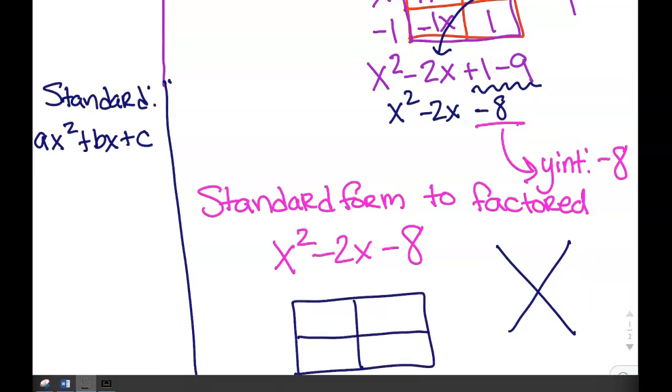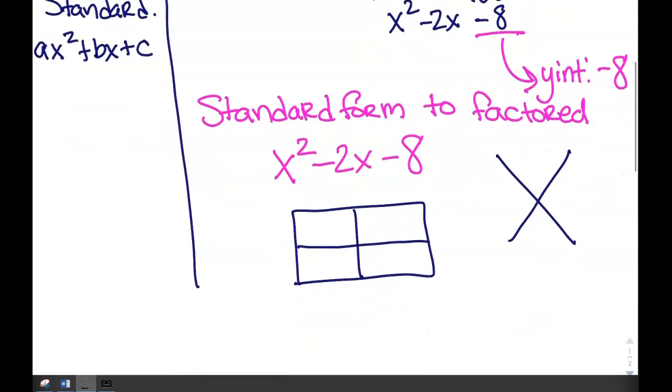If you're in my 6th period, you learned a shortcut for this. Because this has no number in front, the rest of my classes I did this just the same for each and every single kind, whether it has a number in the front or not. This multiplies to -8. It adds to -2.